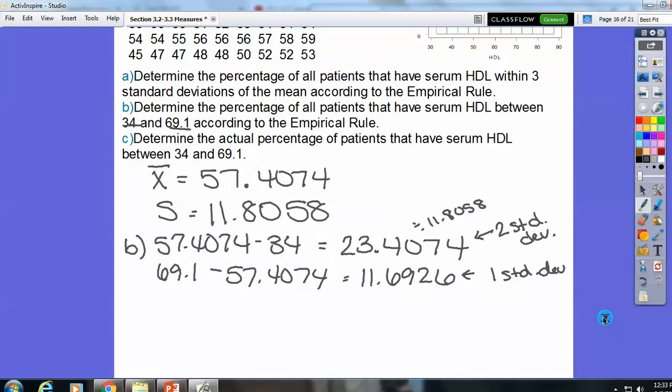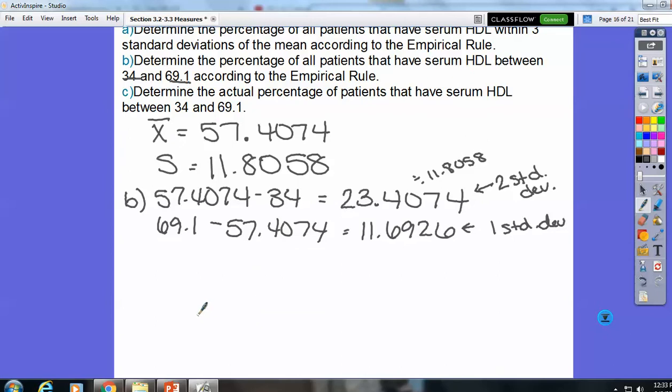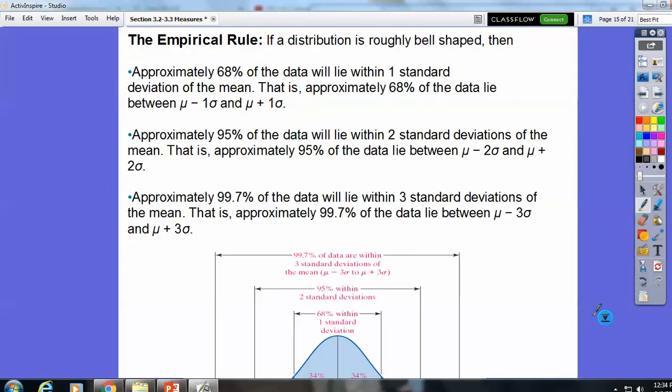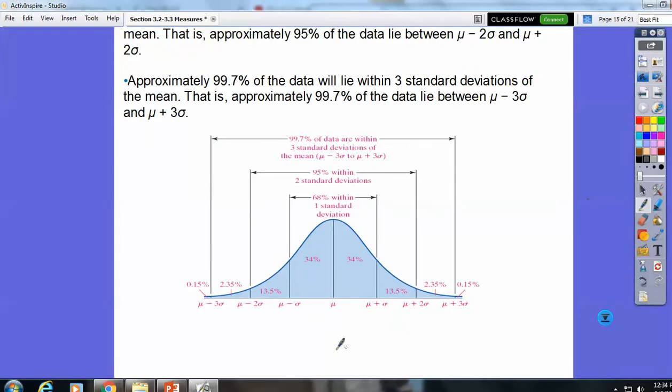Okay. We have to think about what this is. With the empirical rule, you've got your mean in the middle. My 34 was 2 standard deviations below. And this one was 1 standard deviation above, right? We look back at our empirical rule. I told you that 68% of the data fell within 1 standard deviation.